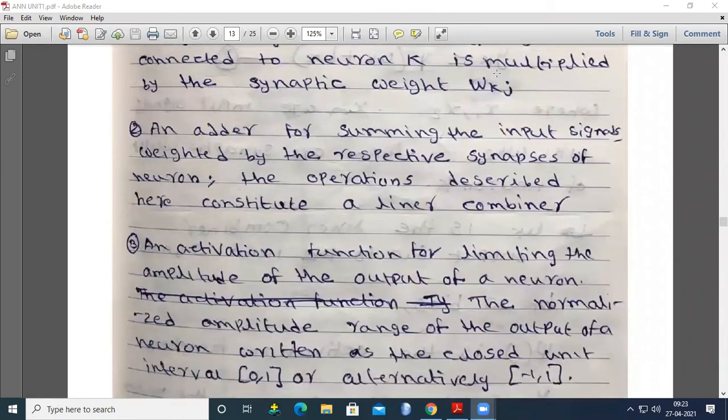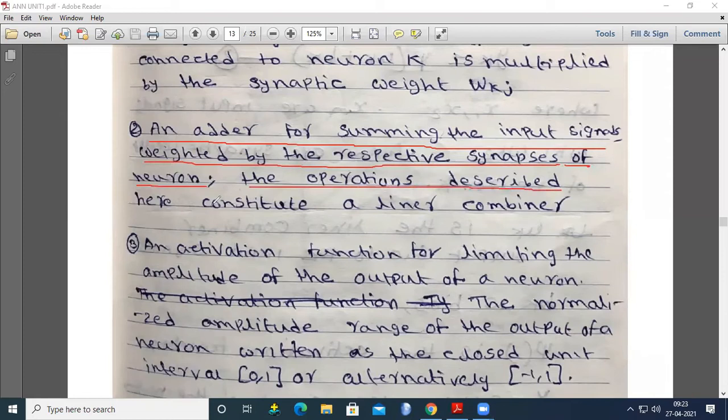Next one, an adder for summing the input signals weighted by the respective synapses of the neuron. The operations described here constitute a linear combiner. That means the first step is, this is the neuron. This we call summation.